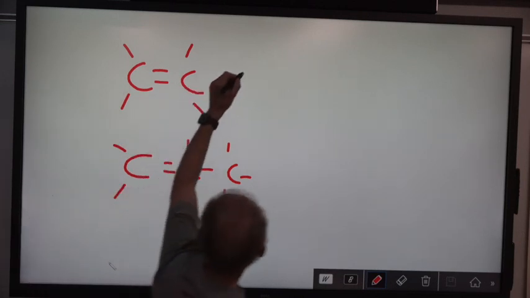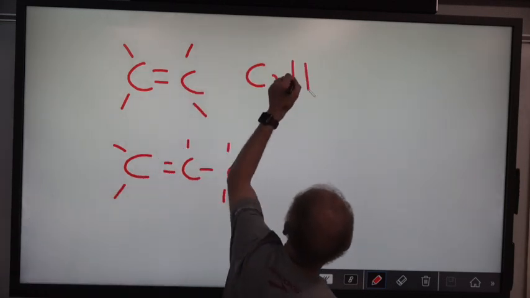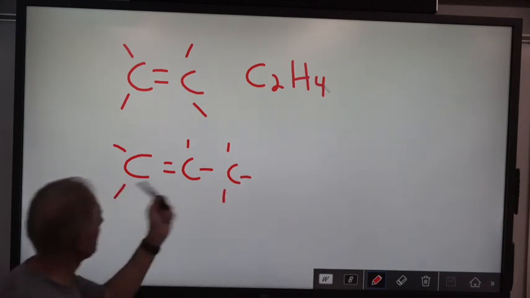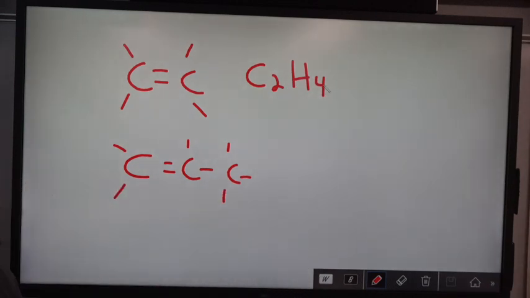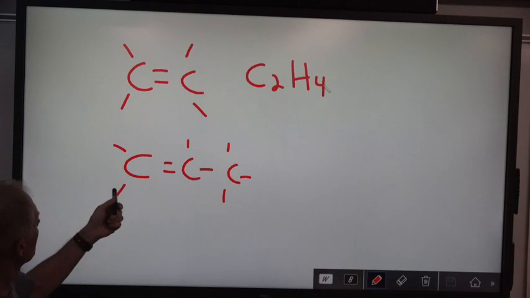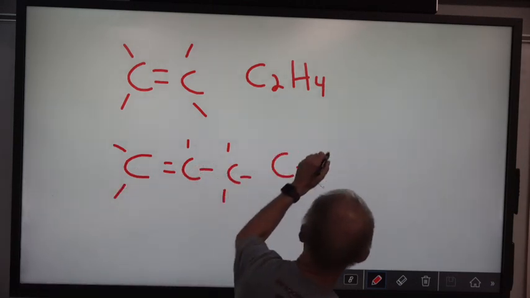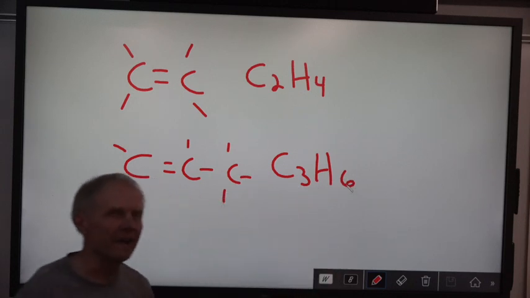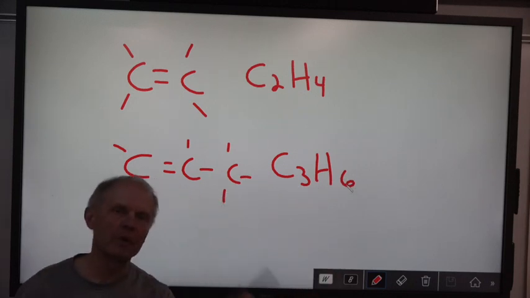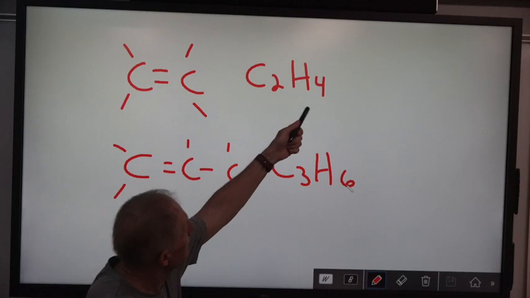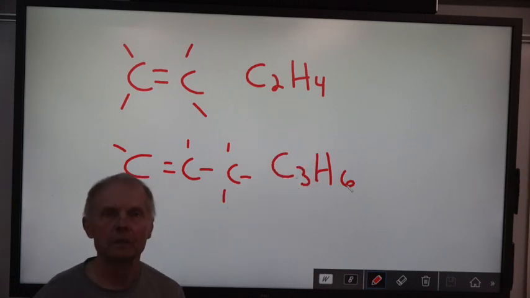C2H4. All right, let's look at propene. C3, 1, 2, 3, 4, 5, H6. So if alkanes, you had to double the carbon number and add 2, what are you doing to find the hydrogen number? For this one, you just double it.